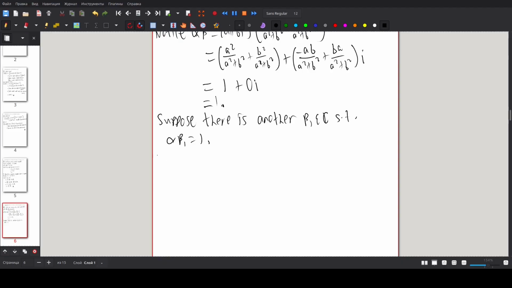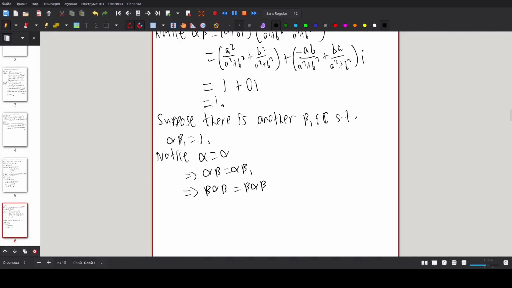So notice alpha equals alpha, and also alpha beta is going to equal alpha beta 1 because these both equal 1 by our assumption. And I'm just going to multiply both sides by beta again. Beta alpha beta equals beta alpha beta 1.